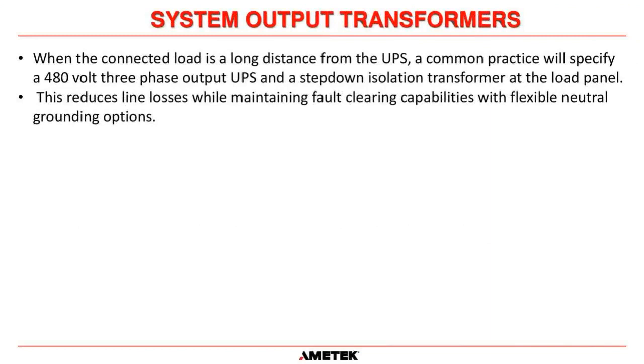System output transformers. If we have a long distance between the output of the UPS and the load panel, the common specification then would be to provide a 480 volt three-phase UPS and then a step-down transformer at the load.